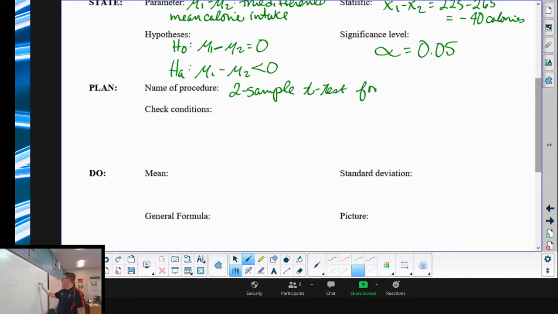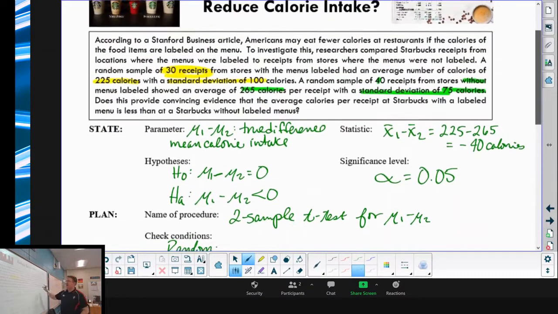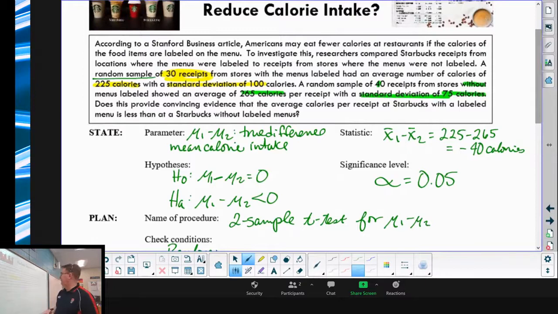For mu1 minus mu2. So for checking the conditions, same as before. We need random, we need 10%, and we need to make sure that we have a normal distribution. So for here, if we go back up into the dialog, we said random sample of 30 receipts, and a random sample of 40 receipts.